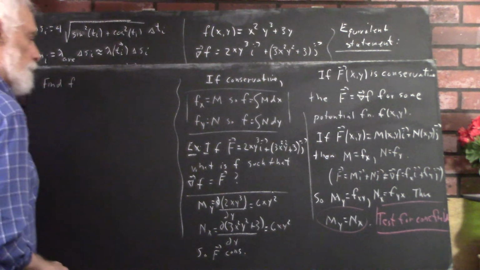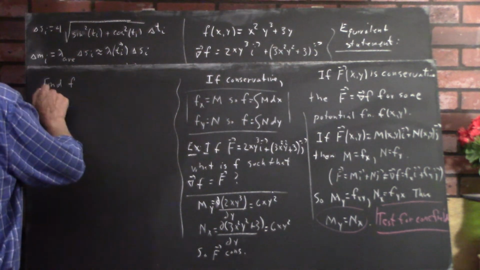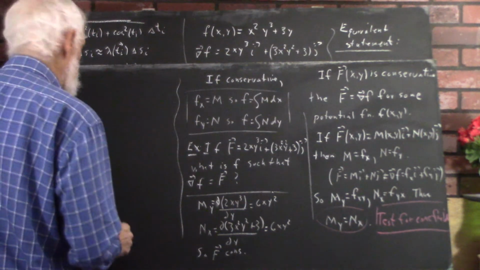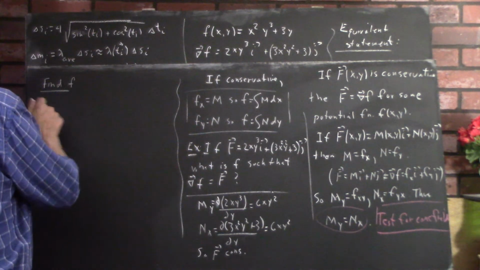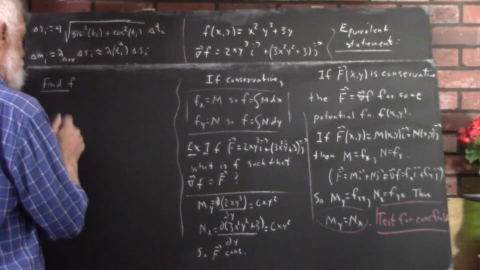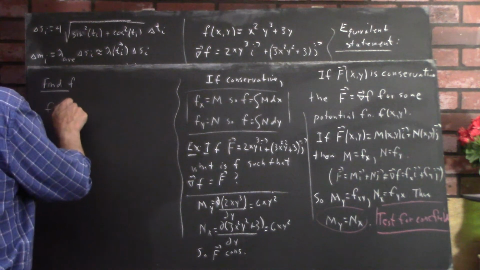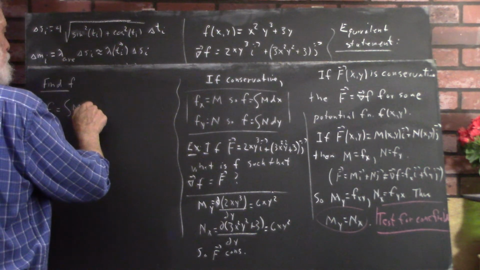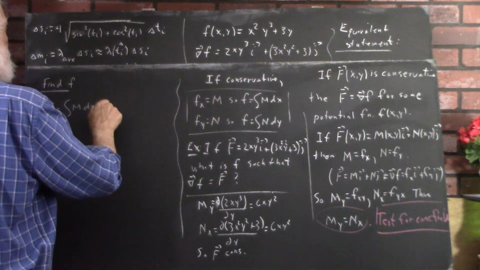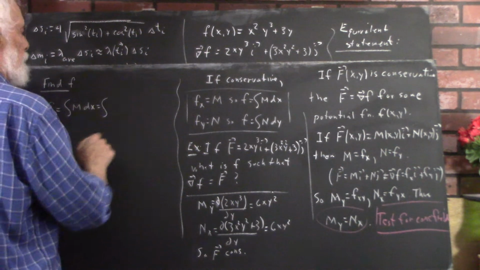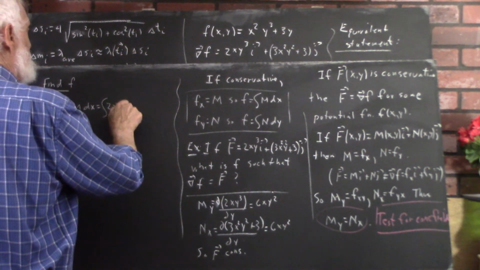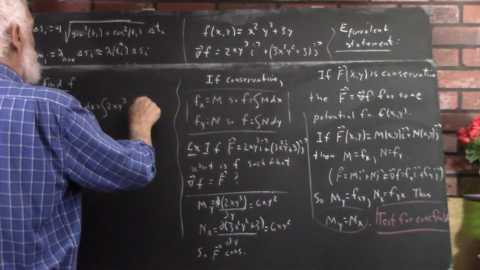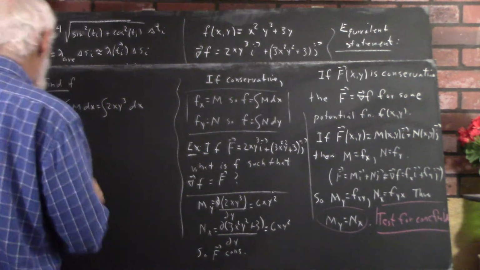We want to find f. How do we find f? Well, f is an integral of m with respect to x, which is an integral of 2x y cubed with respect to x.